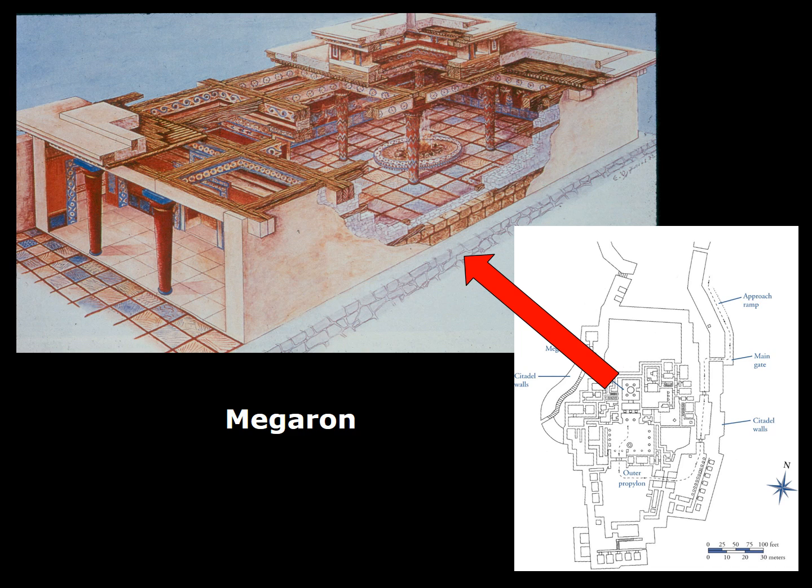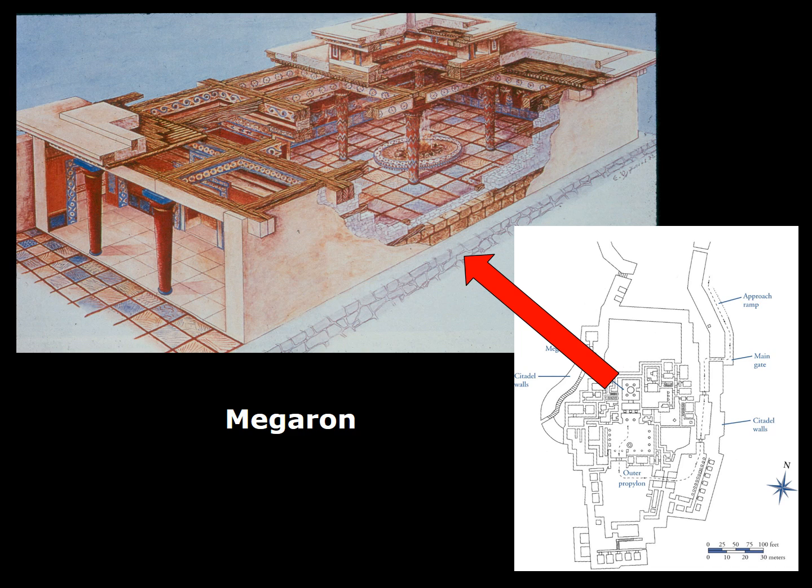The most important feature of the Mycenaean citadel was the Megaron. This is basically the throne room and the reception hall of the citadel. So very, very impressive. Now, the citadel we saw from the outside is pretty severe and harsh and heavy and rough, right, with its stone blocks and cyclopean masonry.